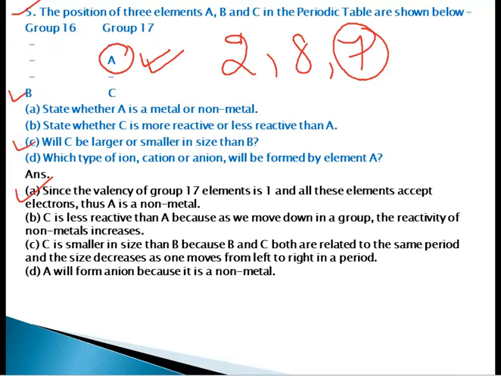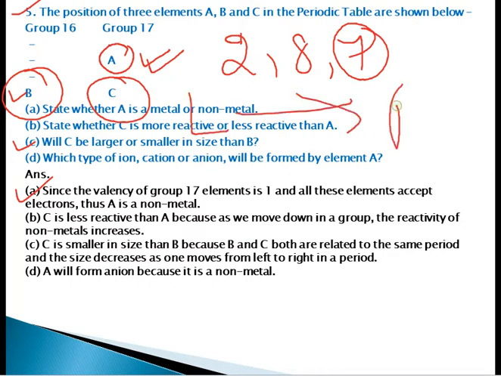C is smaller in size than B, because when we move in a period from left to right, the size of the elements decreases. B will be bigger and C smaller, as they are both present in the same period.